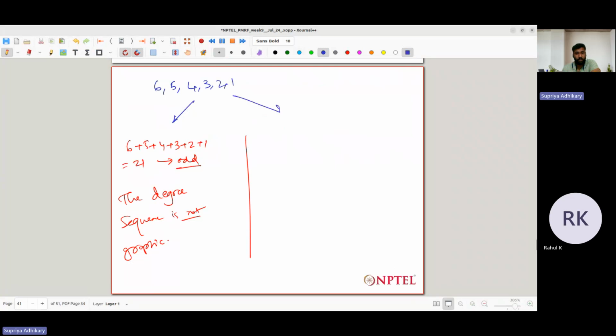The second option is, again, we have 6 vertices. One of the vertices has degree 6. Without loss of generality, let's consider this particular vertex has degree 6. But apart from this vertex, there are only 5 more vertices. So we can connect this vertex with each and every one of the other vertices.